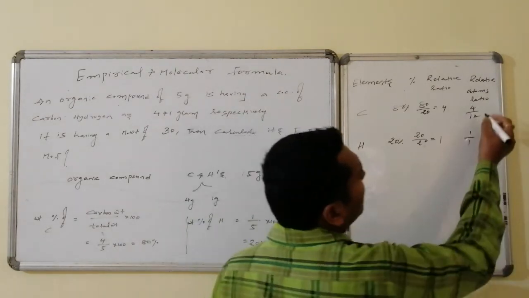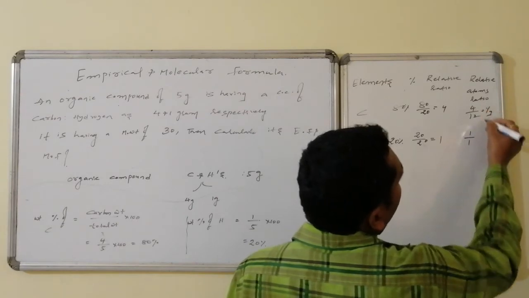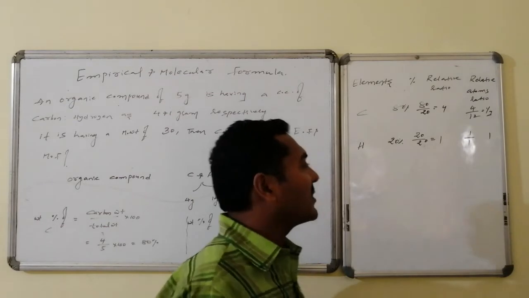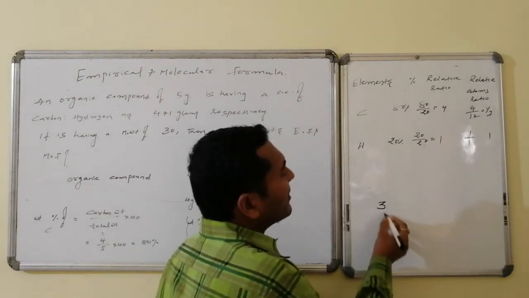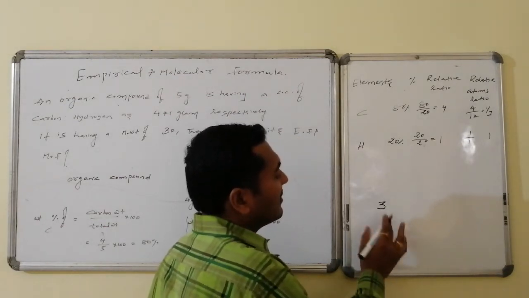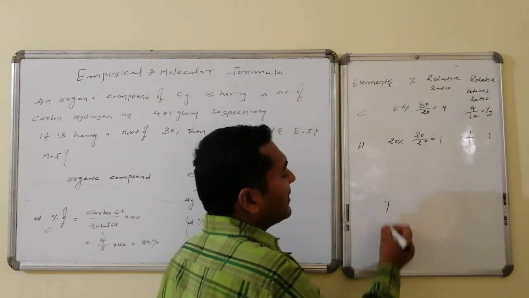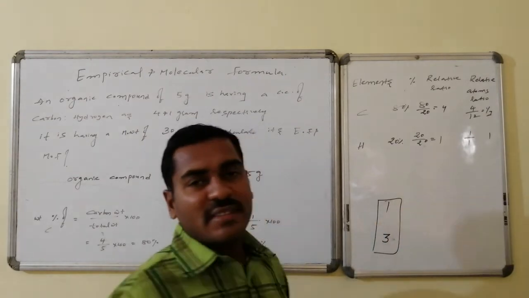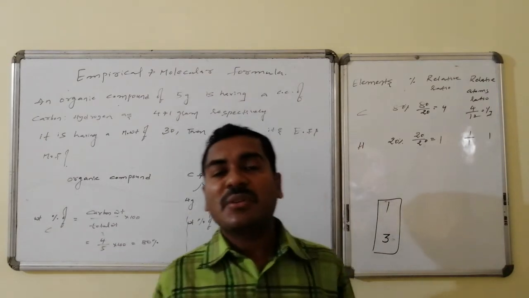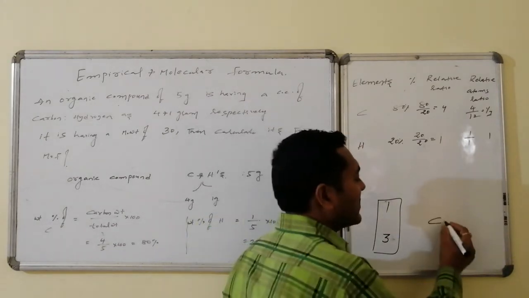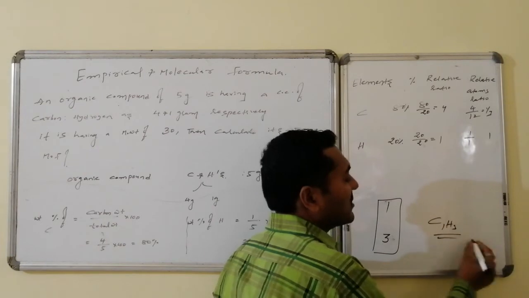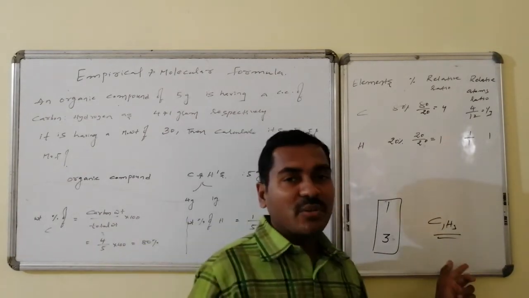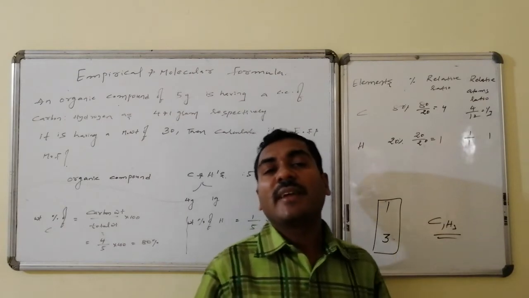This becomes equal to 1/3 and this becomes equal to 1. We take that in the minimum numerical ratio, that will be 1 and 3. So this ratio is once again the minimum atoms ratio. Thus here it consists of 1 carbon versus 3 hydrogens. This minimum ratio of atoms is said to be the empirical formula.